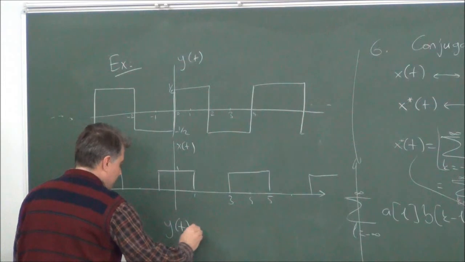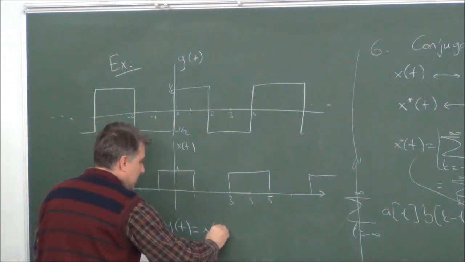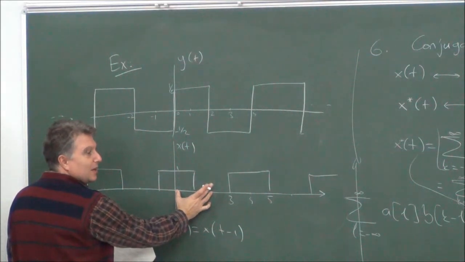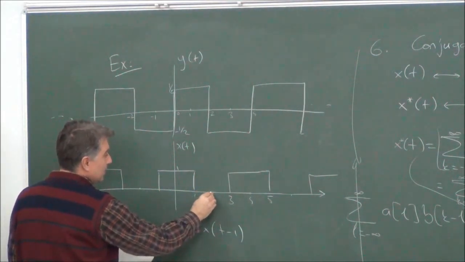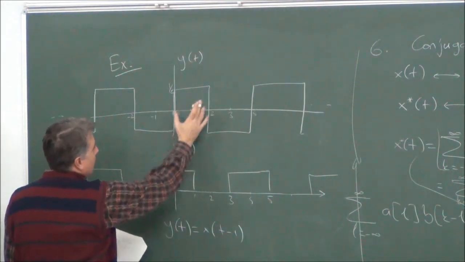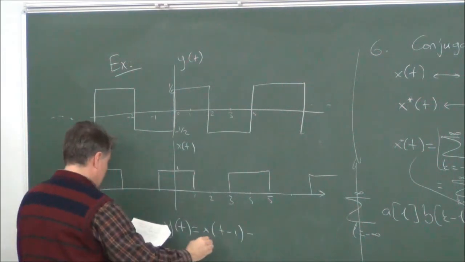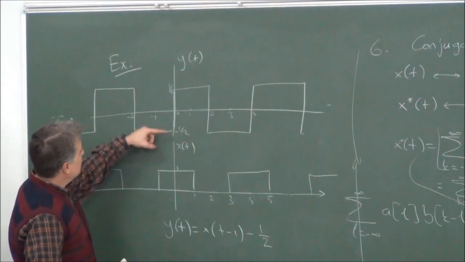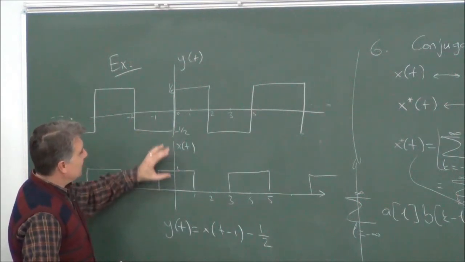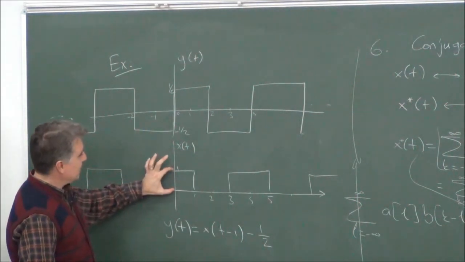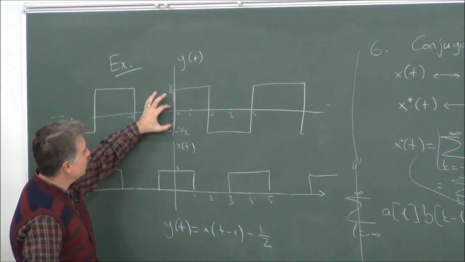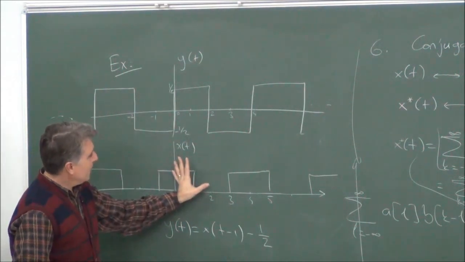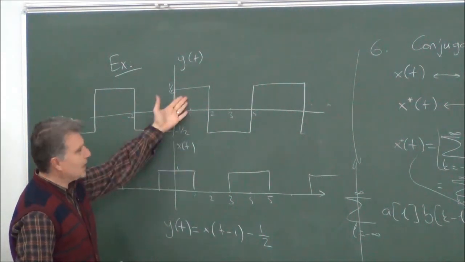Y of t in terms of x is x of t minus 1, shifted to the right by 1, and then I subtract 1/2, because the values are, although not very proportional, sorry about that, this magnitude is 1, these magnitudes are 1/2 and 1/2. So if you shift this one to the right and subtract a half, you will get this shape.